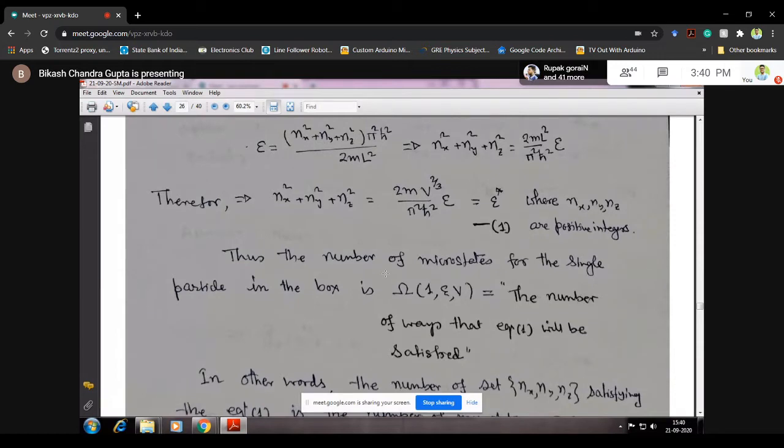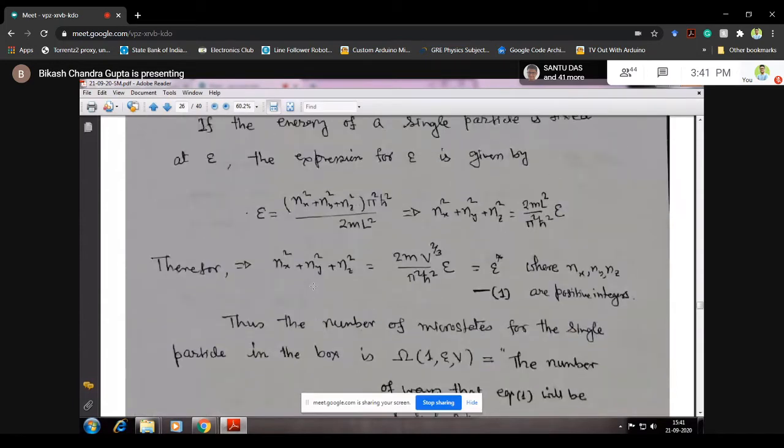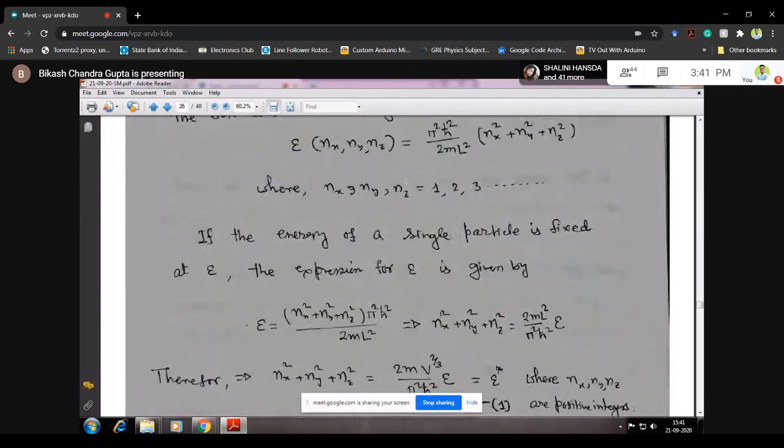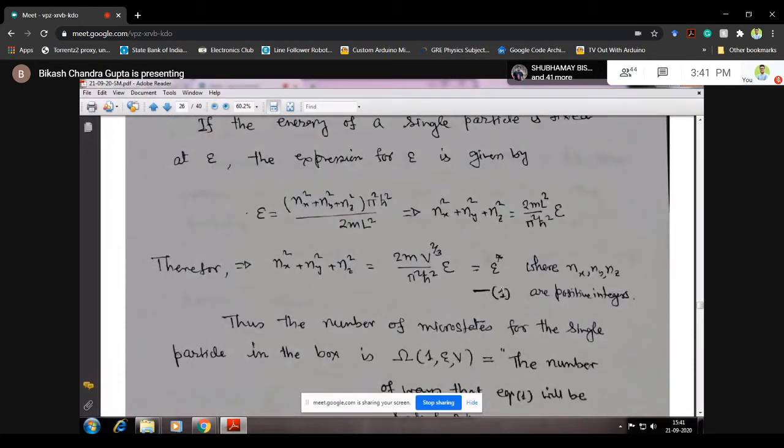Or different state. And therefore, in other words, the number of sets nx, ny, nz satisfying equation 1. Which one is called equation 1? Anyway, take any one of these as equation 1, okay? They are all the same. This is equation 1.